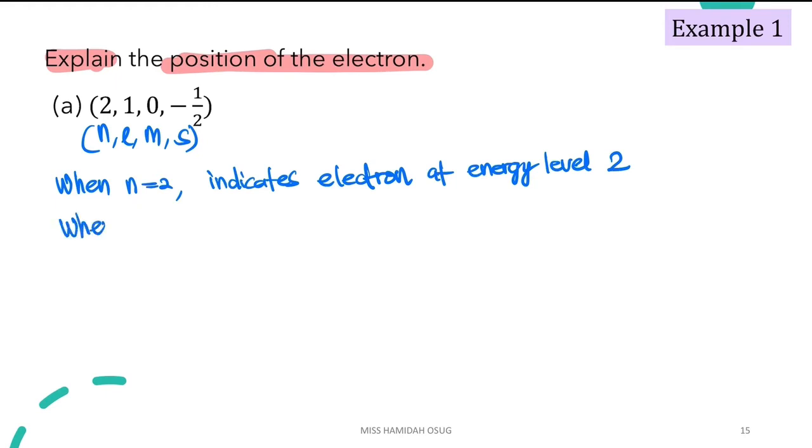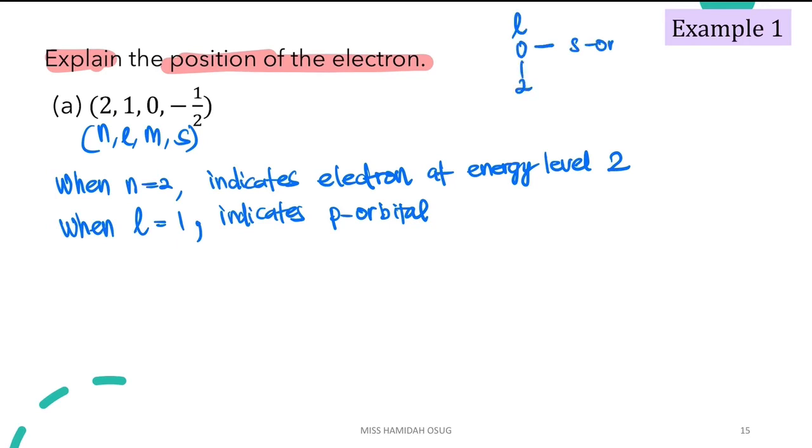Next, when L is equal to 1, it indicates the electron is located in p orbital. Remember that L equal to 0 indicates s orbital, 1 indicates p orbital, and L equal to 2 indicates d orbital.